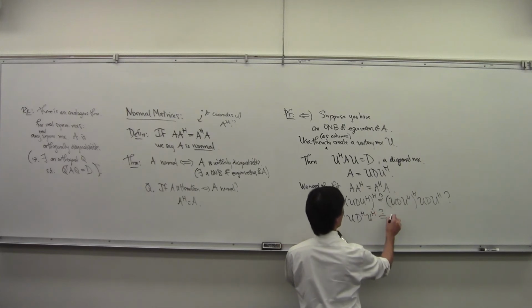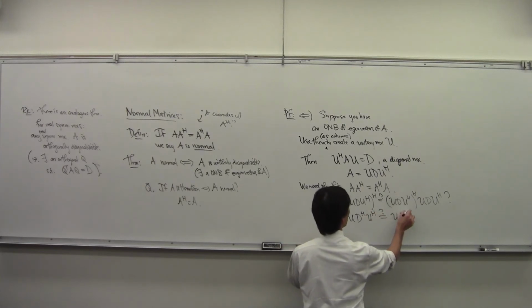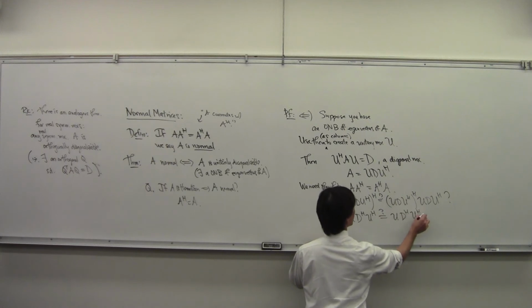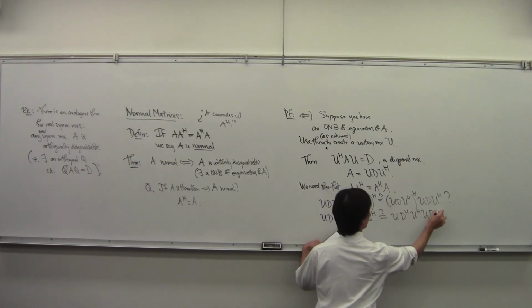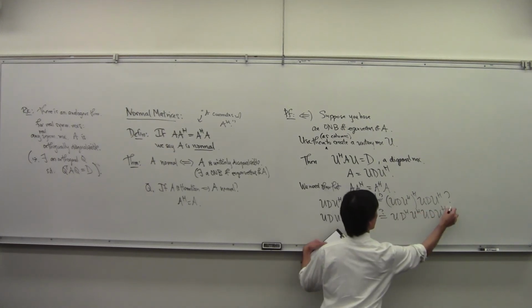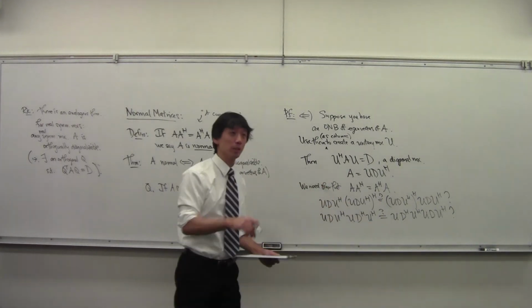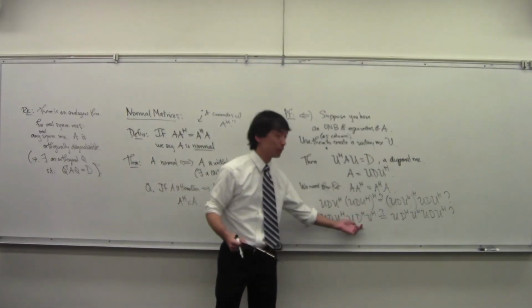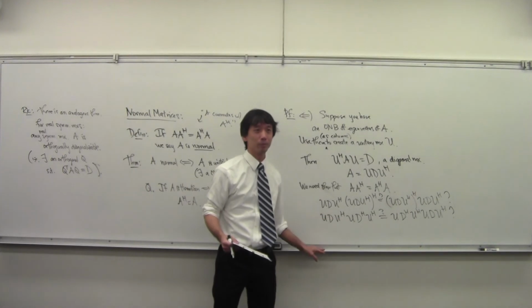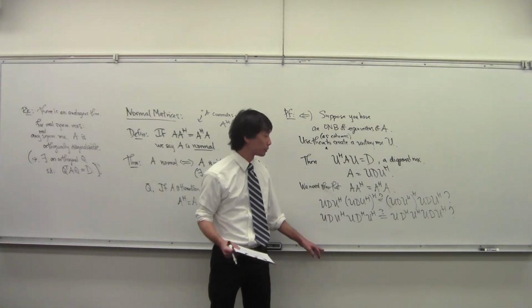Does that equal UDH, UH, UDUH? Just using the conjugate transpose on a product, as we had before.